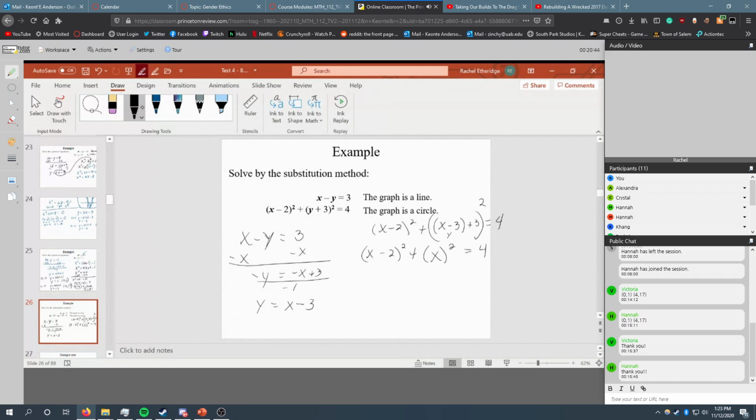Now I need to FOIL this one out. So when I do x minus 2 squared, that's x minus 2 times x minus 2. And I'm going to shortcut that a little bit. I'm just going to do it in my head. So it's x squared when you do the distributive property or the full method, that's what you're going to get.